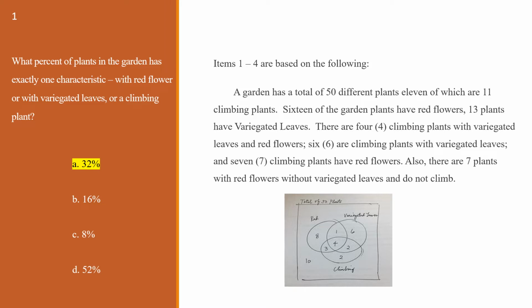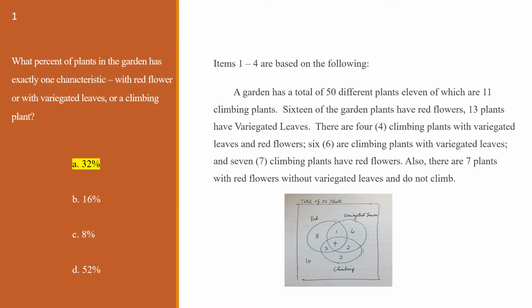And we are told that there are 4 plants which are climbing plants with variegated leaves and red flowers. So that one occupies the center in the illustration, and 6 are climbing plants with variegated leaves.